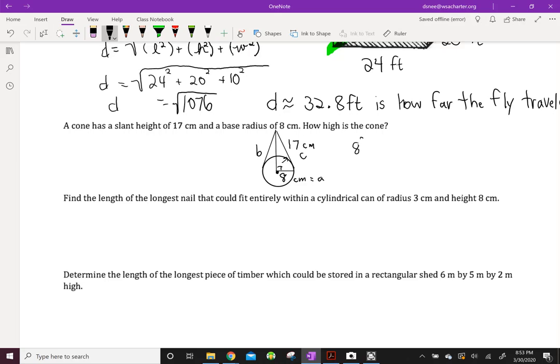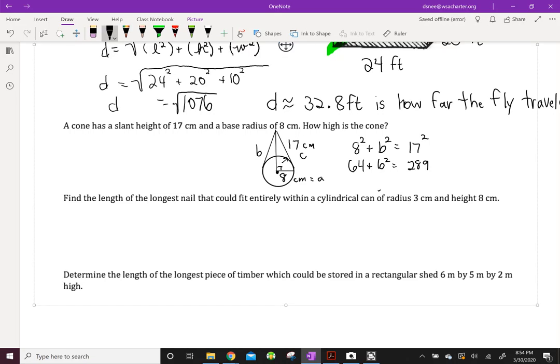So I have 8 squared plus B squared equals 17 squared, and I know this is 64. And I can just subtract that from both sides. 17 squared, I think, is 289. And then if I subtract 64, I get 225.